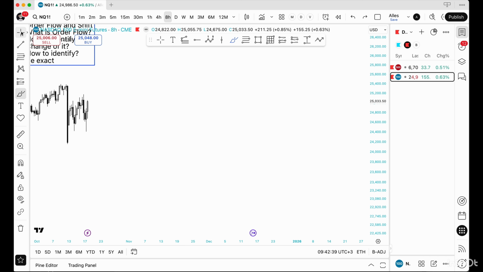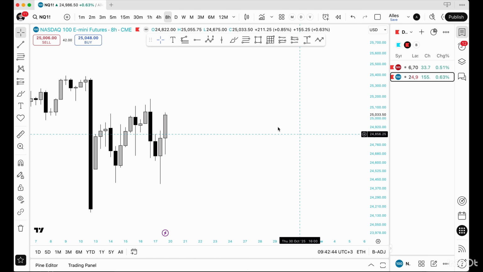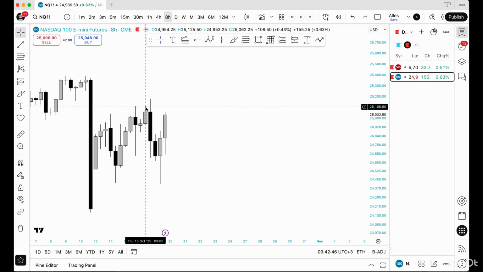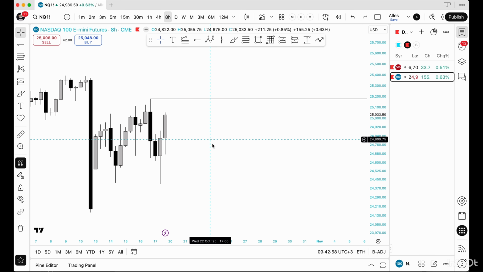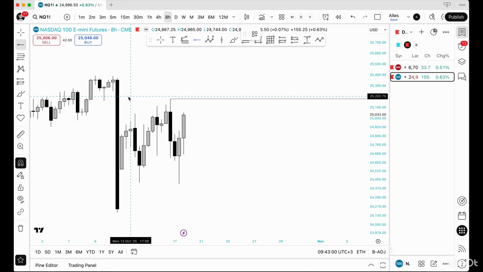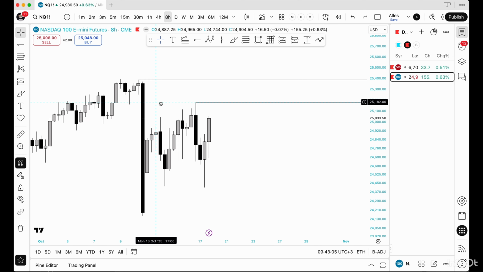So a high, let's look on the chart, is for example, here we have an up candle and we have a down candle. So here is the high. The highest point of those two candles forms the actual high. So we have a high right here, because we have an up candle and a down candle.